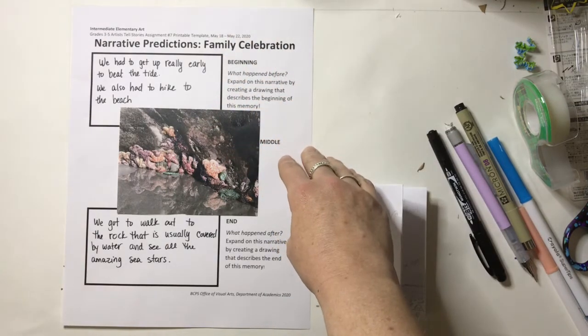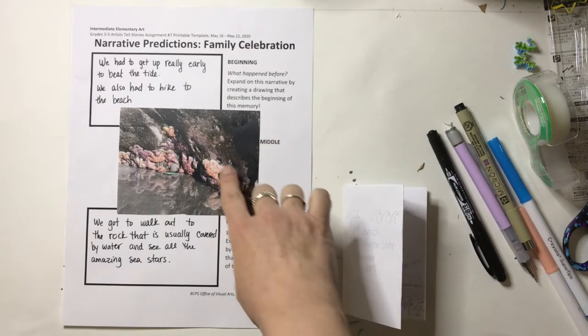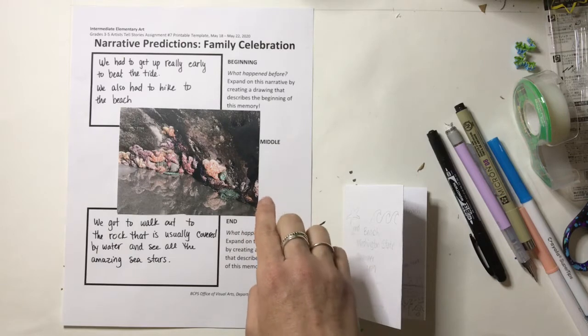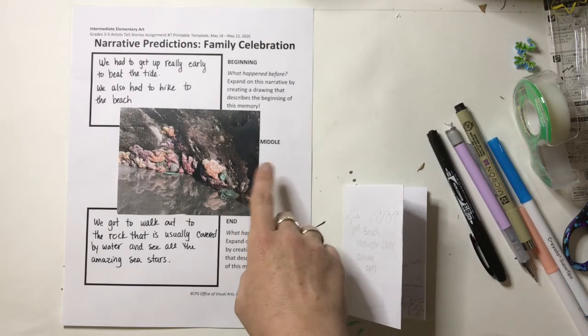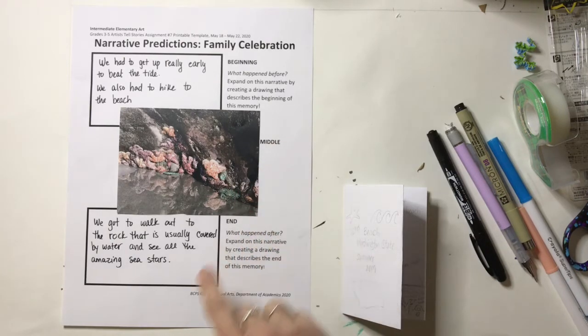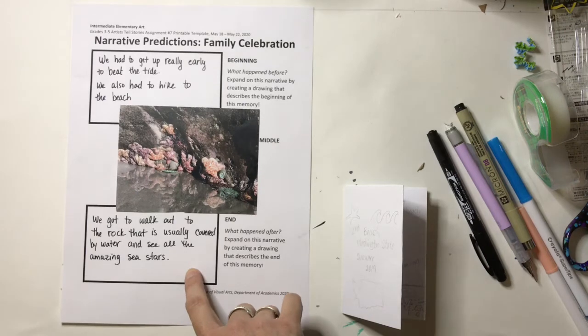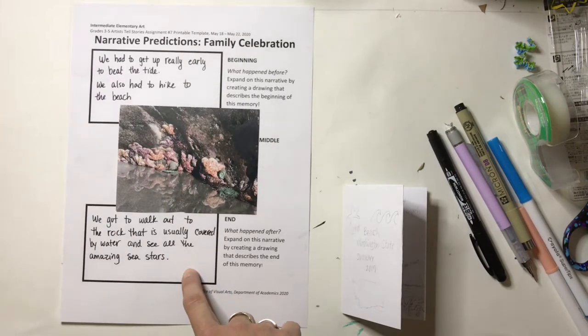We had to go when it was low tide, otherwise these sea stars and sea anemones would not be exposed. Then we had to hike a mile out to the beach. So we had to make sure we timed it right. Once we got out there, we got to walk all around the beach and out to what they call sea stacks, which are these really large rocks, to see these amazing sea stars.